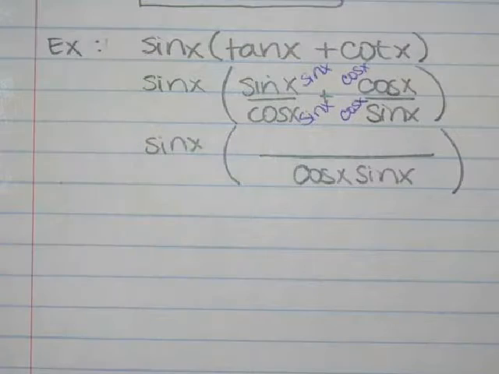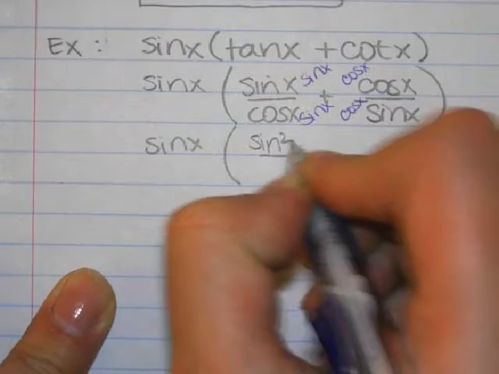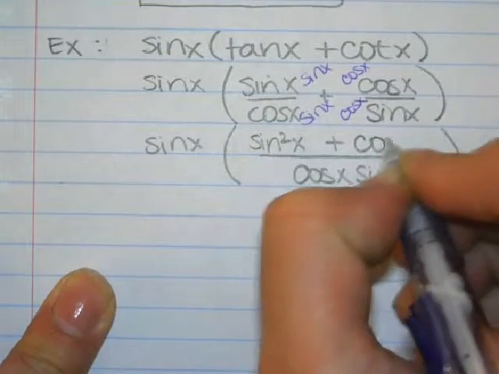So I wrote down the inside of the parentheses with that common denominator. And what do I have on top? Sine squared plus cos squared.